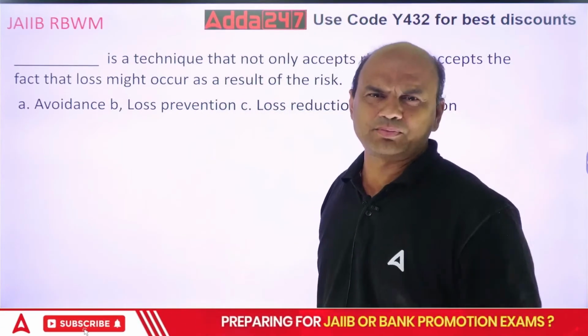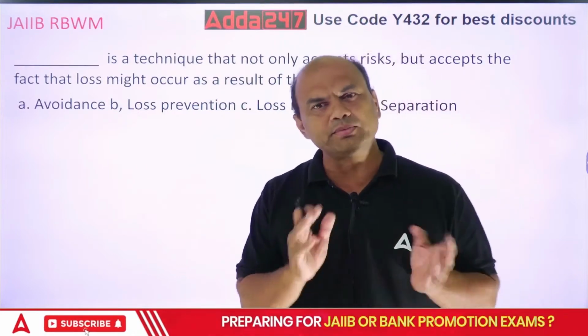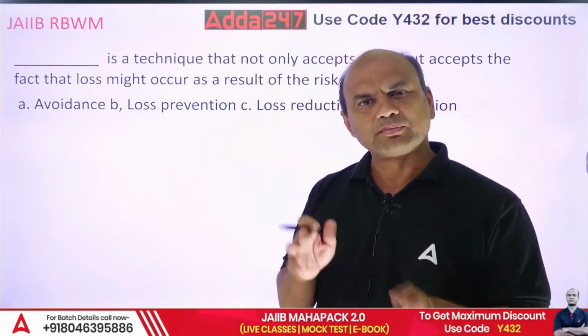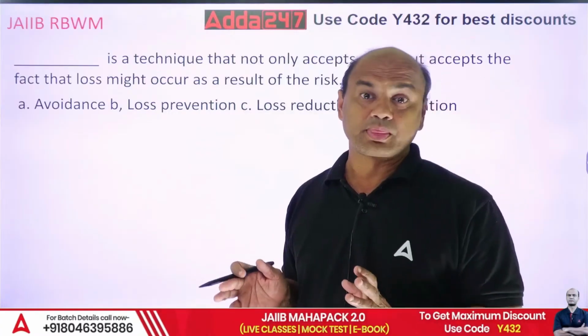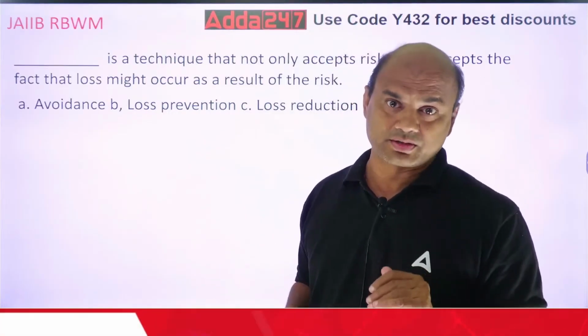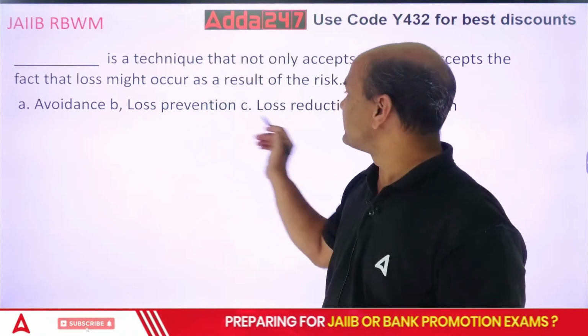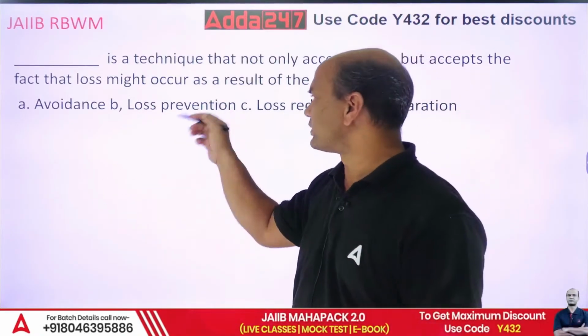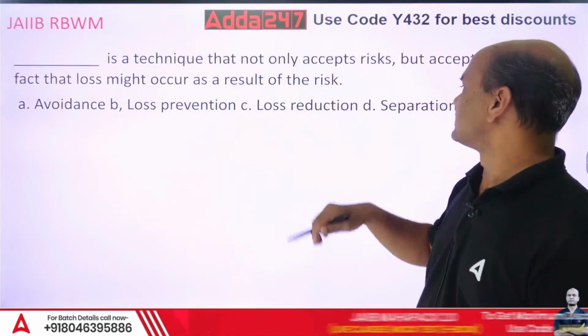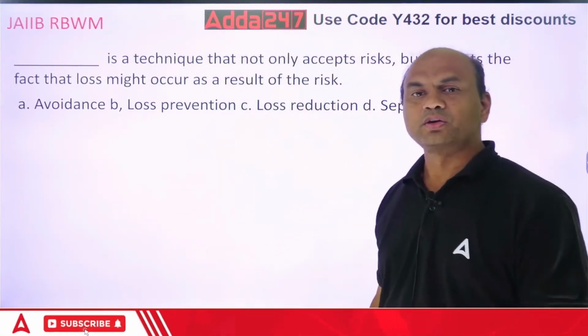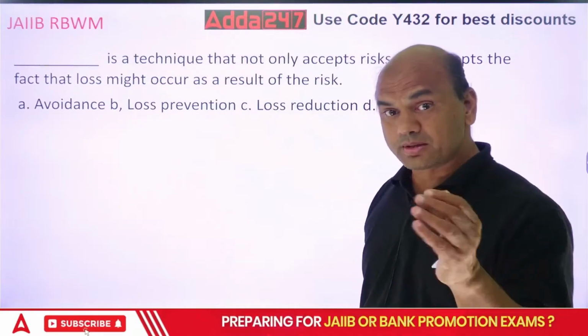So, accepting the NPA. Whenever you do any business, some business will become NPA. Now, how much can you reduce it? That is your point, isn't it? So, which strategy will be useful over here? Avoidance, prevention, reduction, and separation. You are accepting it and you are trying to minimize it.